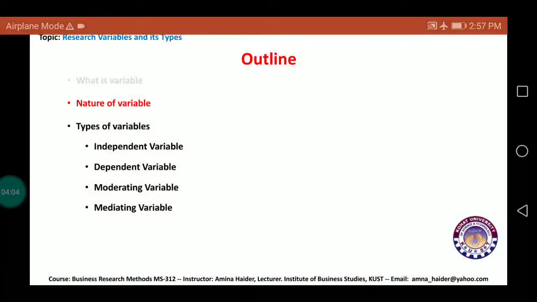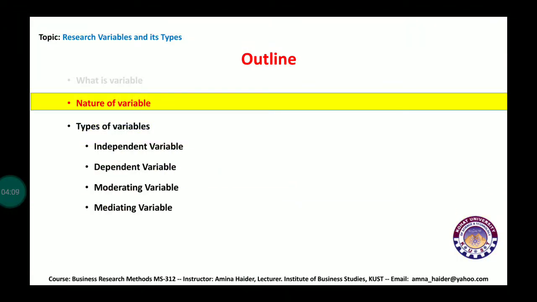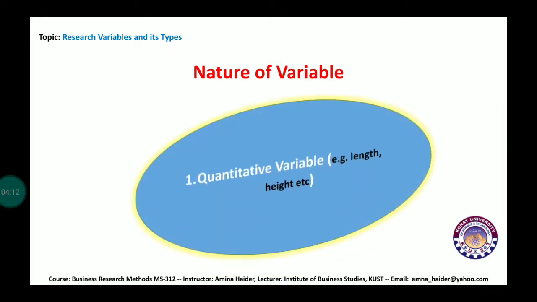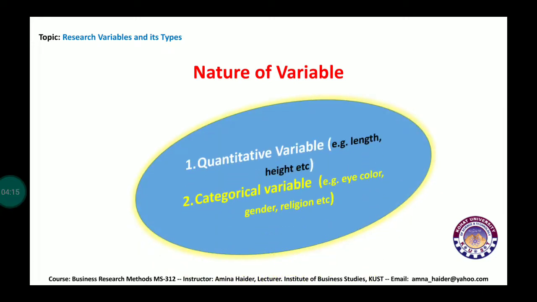So the next topic is nature of variable. Nature of variable is assumed to be quantitative and categorical or qualitative.